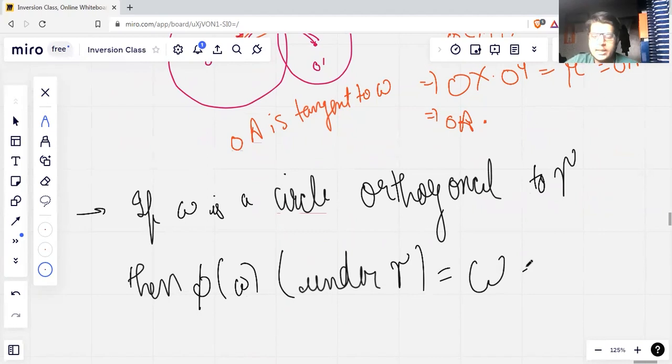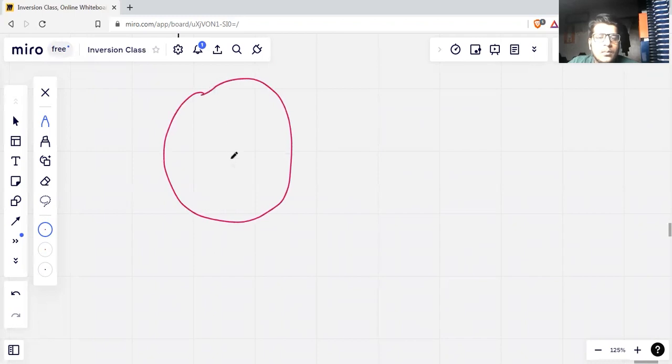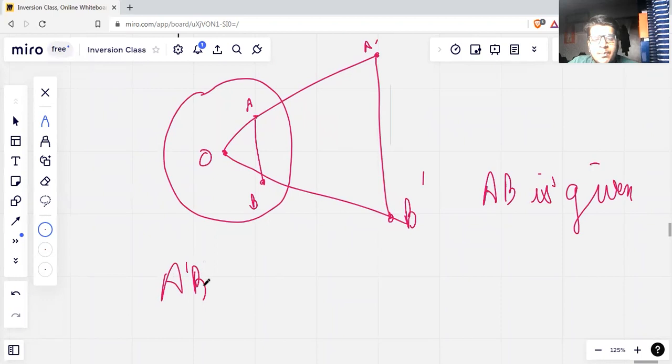Also, okay, there is one more thing to cover in the basics, which is the distance formula. So if I have two points A and B, and I'm given the length of AB, I need to find A'B'.